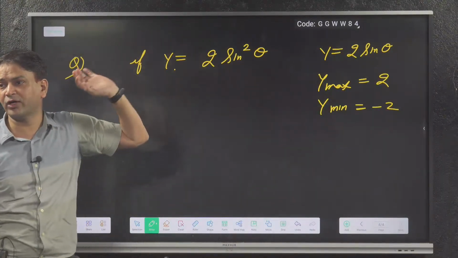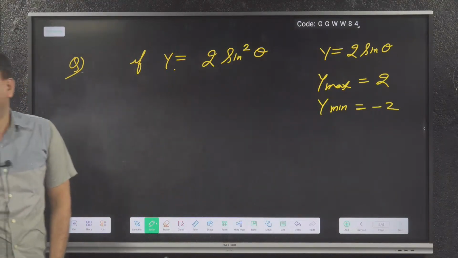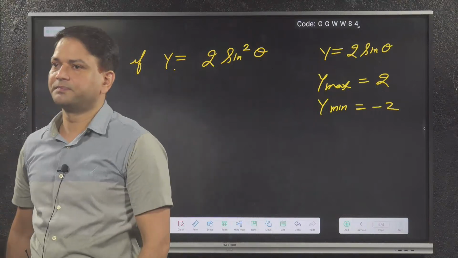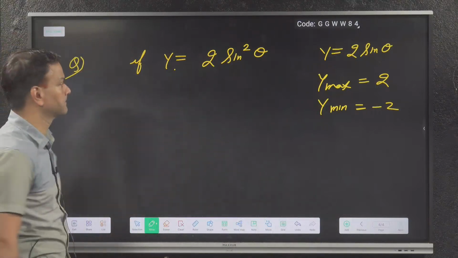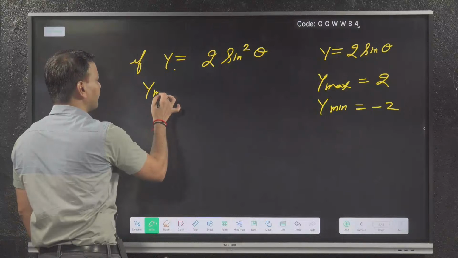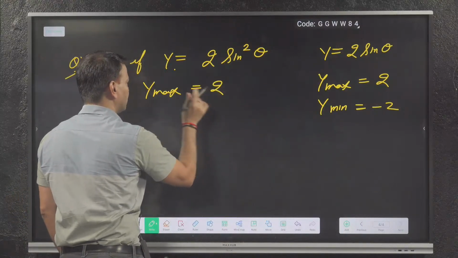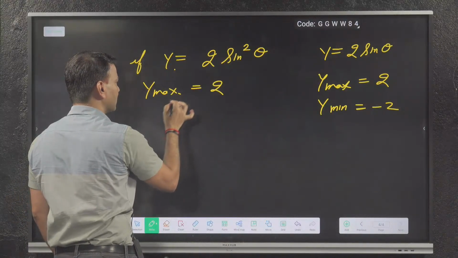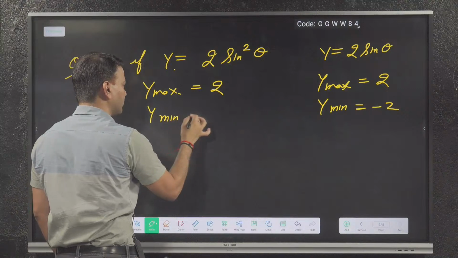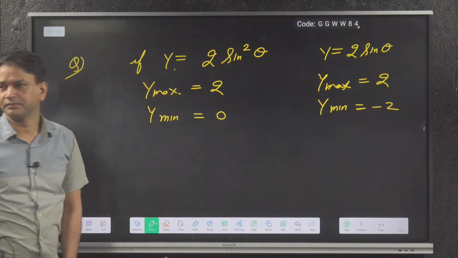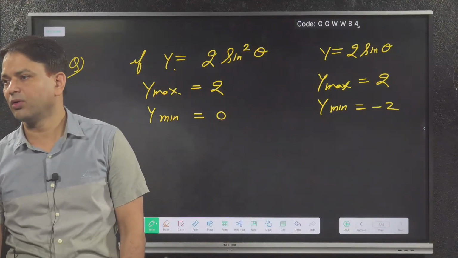And what is the minimum value of y here? 0. Did everybody get it? So y max is equal to 2, and y min is equal to 0. Okay.